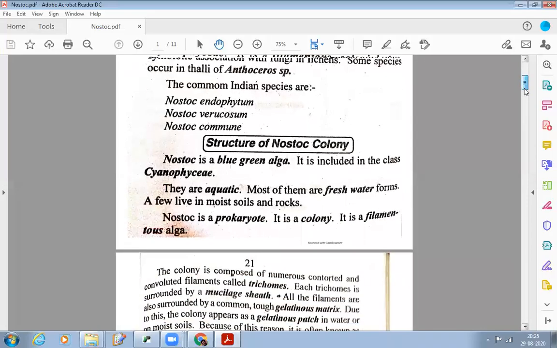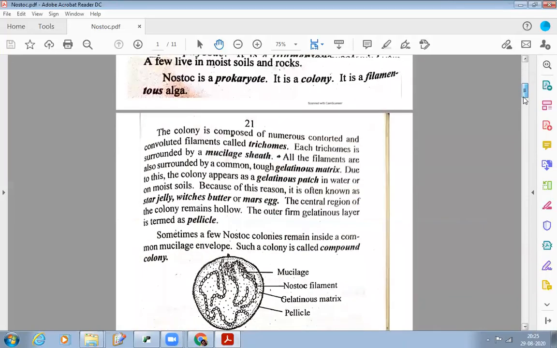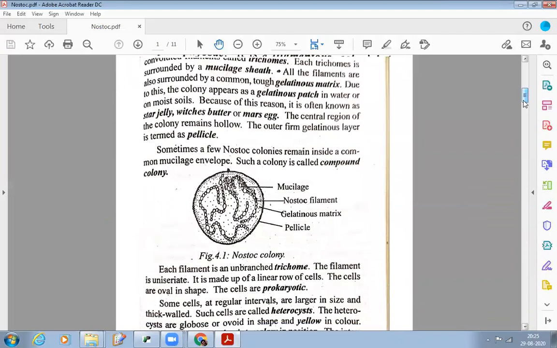Next, the structure of a Nostoc colony. So this is the structure of a Nostoc colony. If you observe the Nostoc colony, there are a number of Nostoc thalli. These are the thalli. They are almost chain-like structures known as trichomes, right?